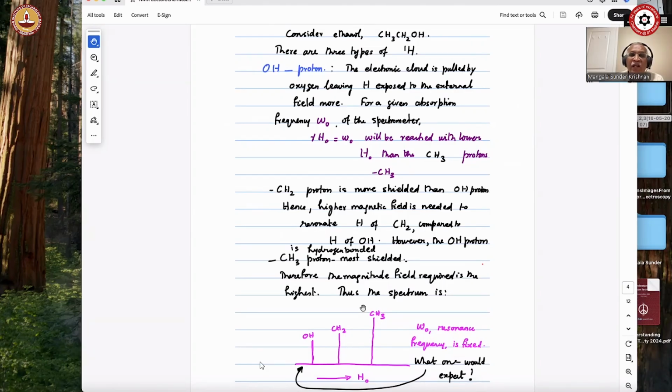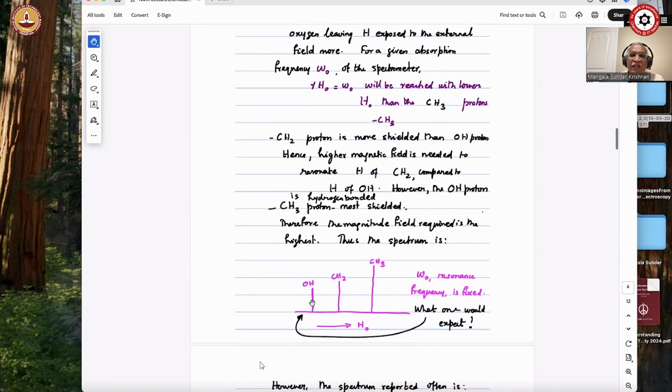Therefore, the magnetic field required is supposedly smaller for OH, slightly more for CH2, and much more for CH3. This is what you see as the increasing field direction in the NMR spectra. This is what one would expect.